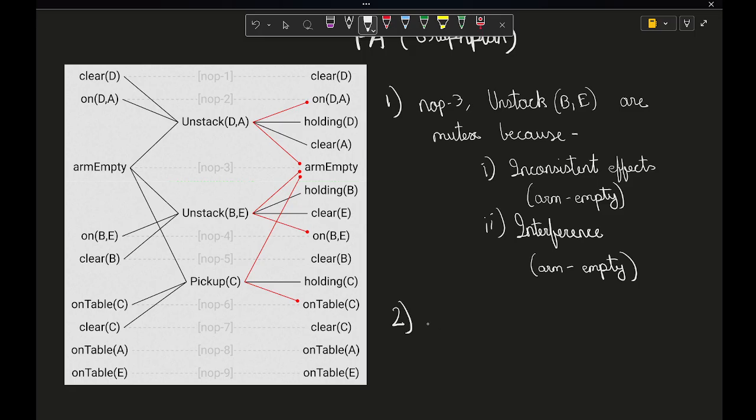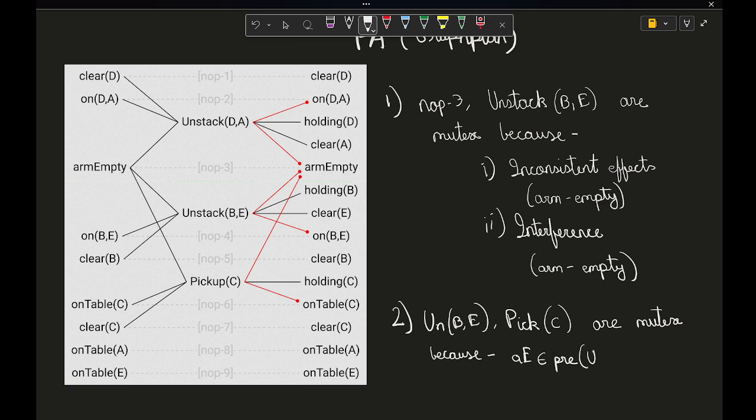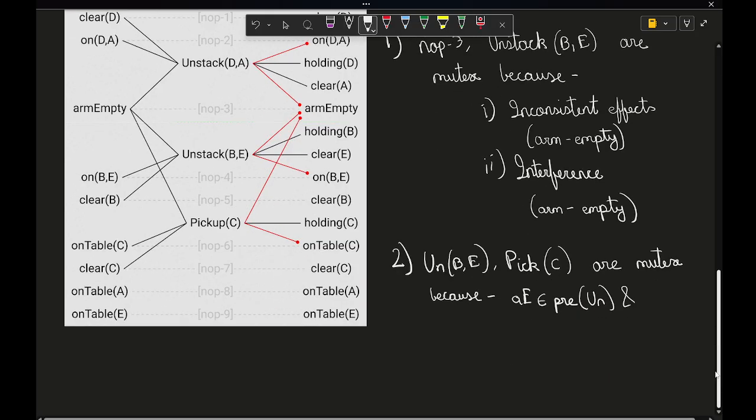Unstack BE and pickup, both consuming, both deleting, because arm empty belongs to the precondition of unstack and negative effect. I should write this properly.